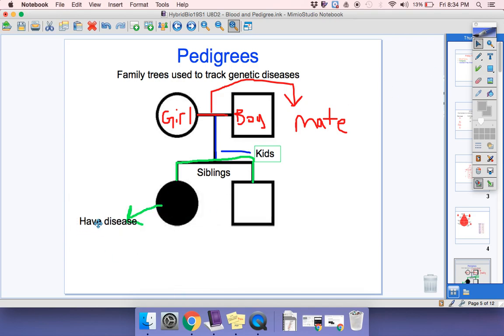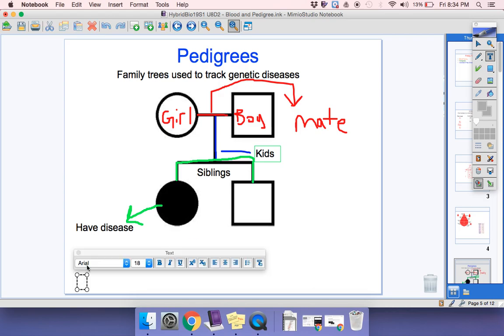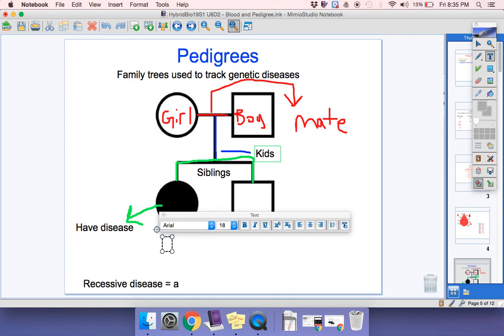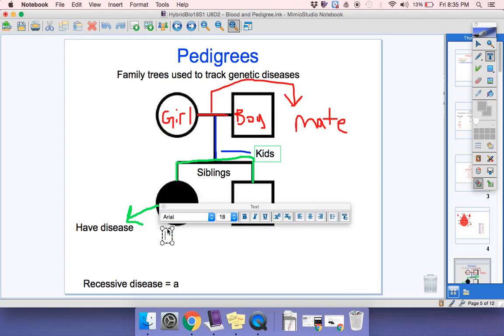And then how we have to do these is you have to figure out the genotype for each person. So they will always tell you if the disease is recessive or dominant. So let's say this is a recessive disease. We've learned that recessive means that you have to have a lowercase letter. So for the sister, we'll start with the sister. Since she has the disease, the only way to get it is to get 2 lowercase letters.